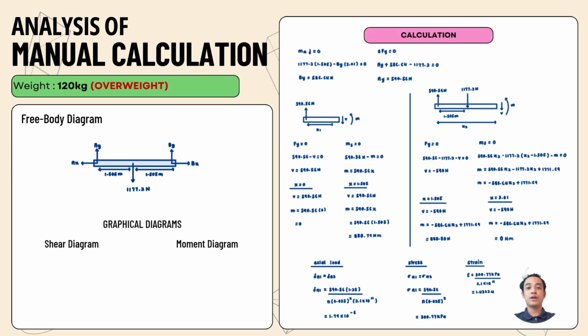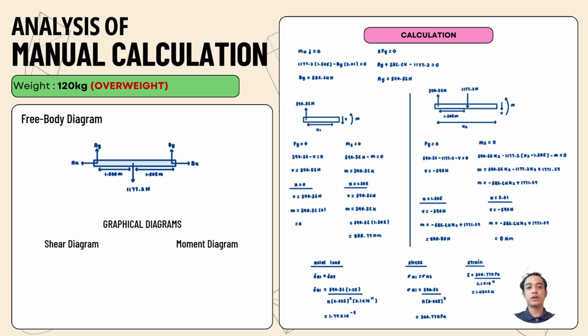For the force with 120 kg, we need to draw the free body diagram and find the reaction force on AY and BY. Next, we need to find the shear and the moment, while x equal to 0 and x equal to 1.505. For x equal to 0, V is 590.56 Newton and M is 0.